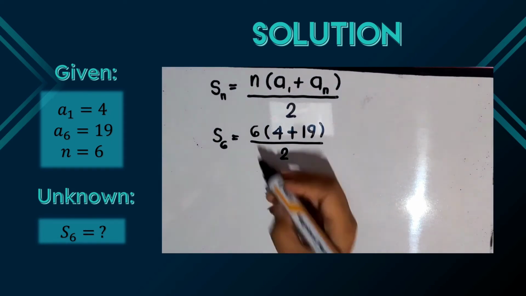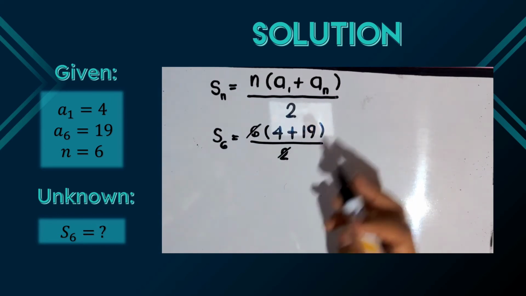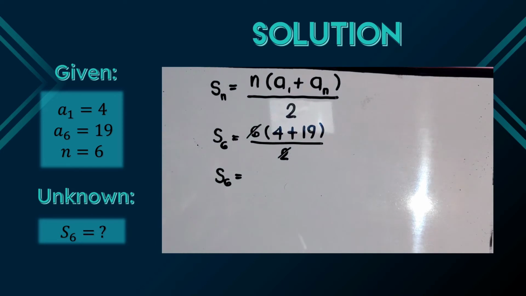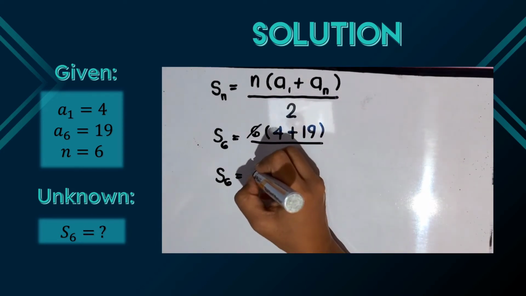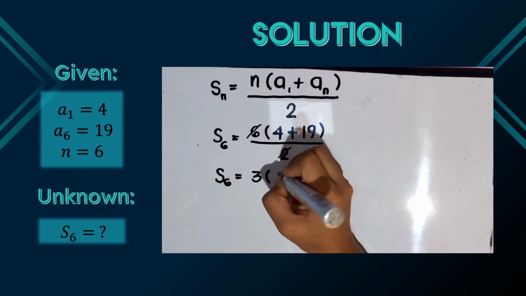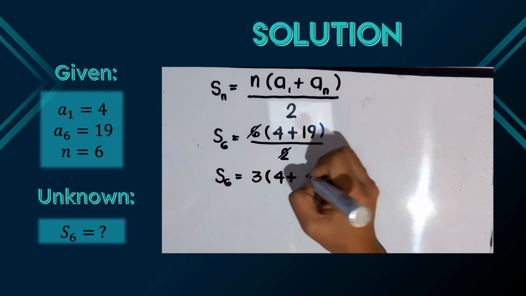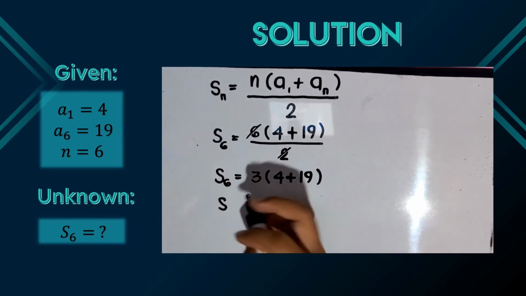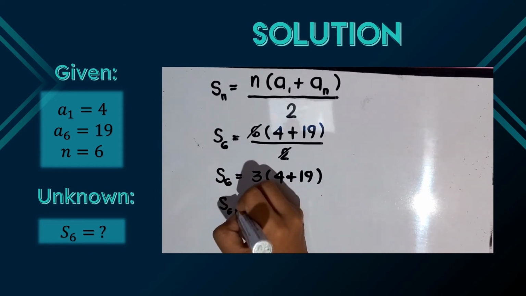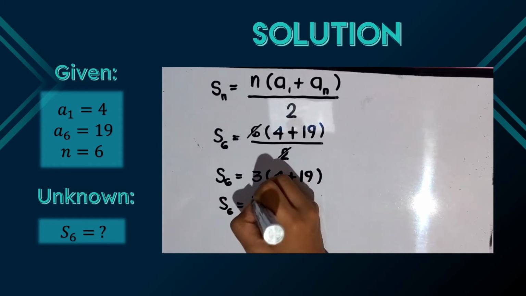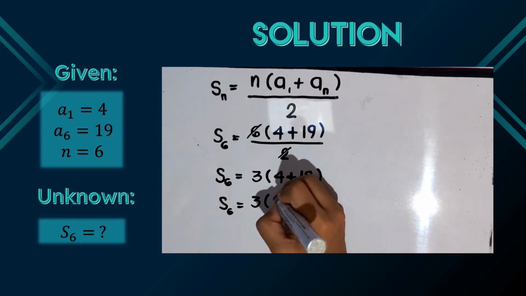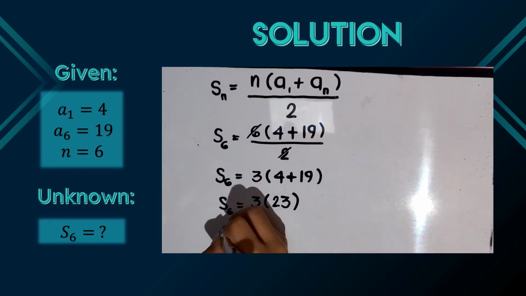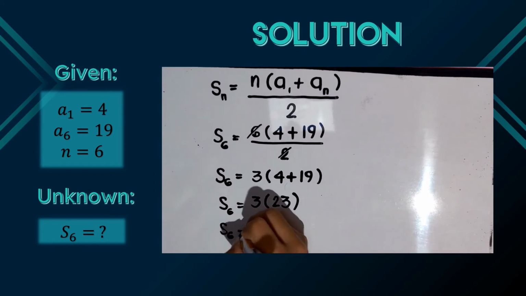We can divide 6 by 2, so therefore, we have S sub 6 is equal to 3 times the quantity of 4 plus 19, which will give us S sub 6 is equal to 3 times 23. So therefore, our answer is the same as the previous solution, which is S sub 6 is equal to 69.